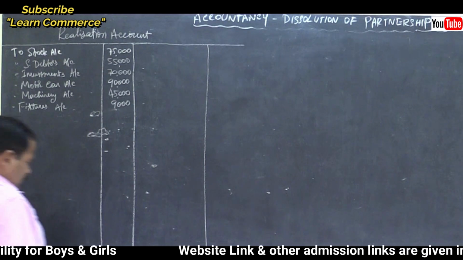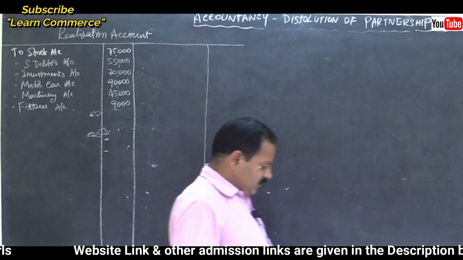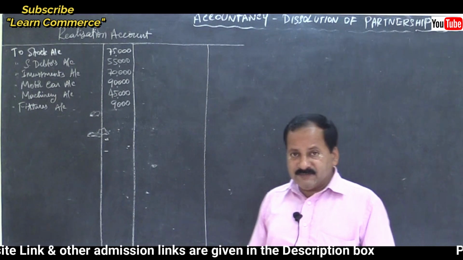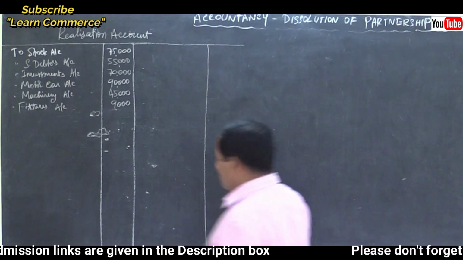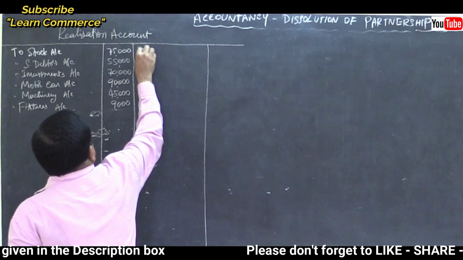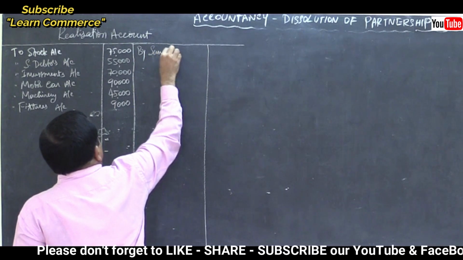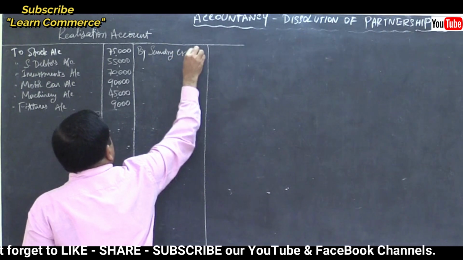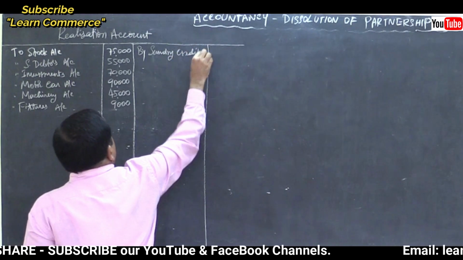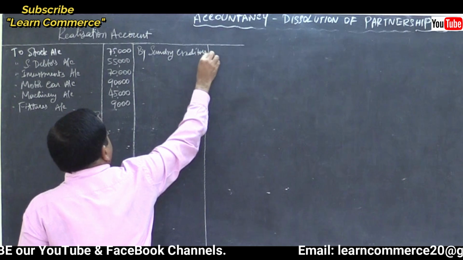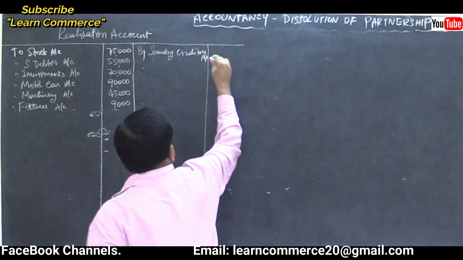Then that's all assets transferred. Now let us move on to the liability side. External liabilities by sundry creditors. Sundry creditors account, 62,000, right?